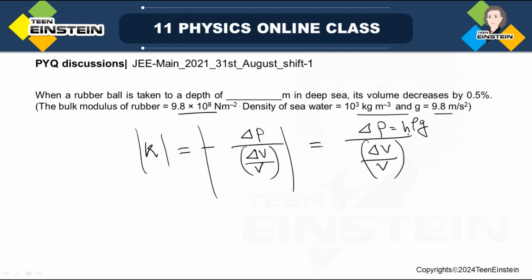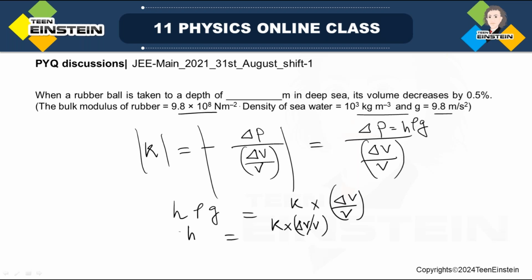So from there I have to find out H. H rho g is equal to the bulk modulus into delta V by V. So H is equal to K delta V by V divided by rho into g.